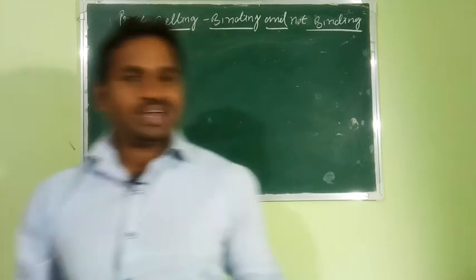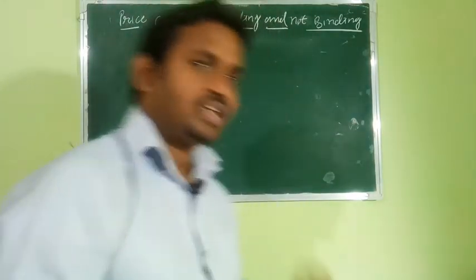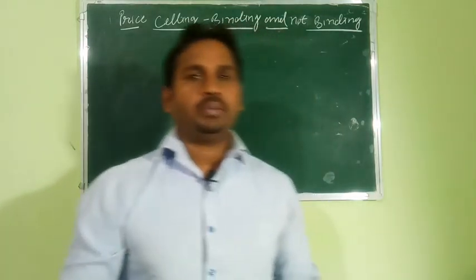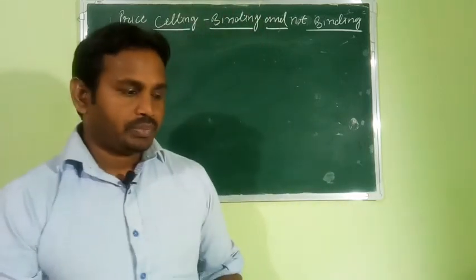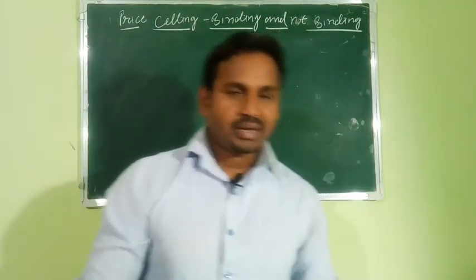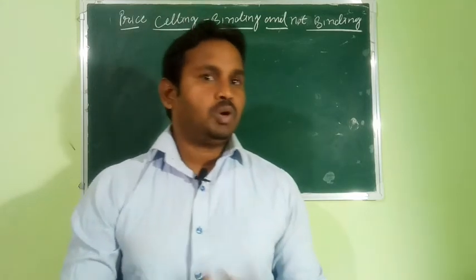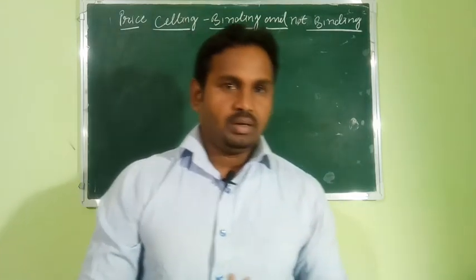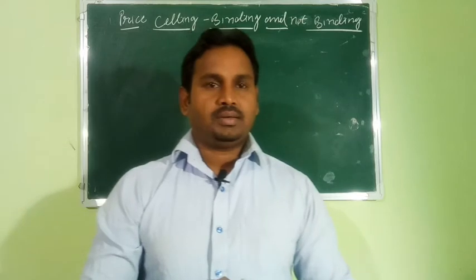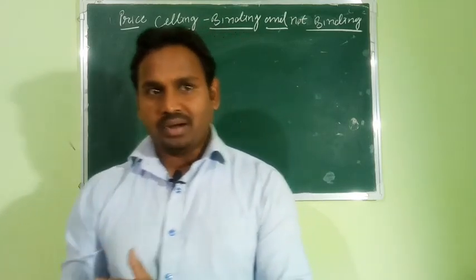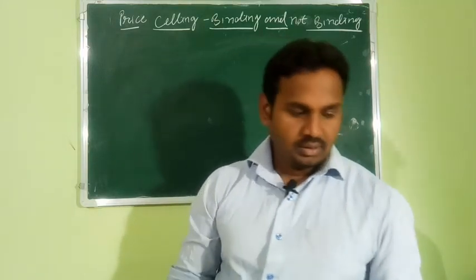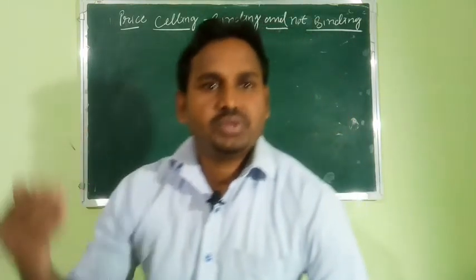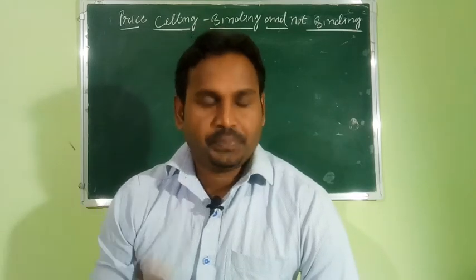Today I am going to teach you price ceiling, and where the price ceiling is binding and non-binding. If market demand and supply functions are given, and the government controls the price, then if demand is in excess, or there is a supply shortage, the price may keep increasing.